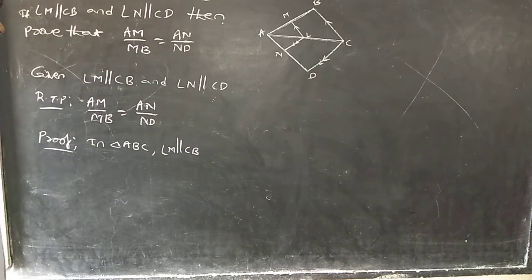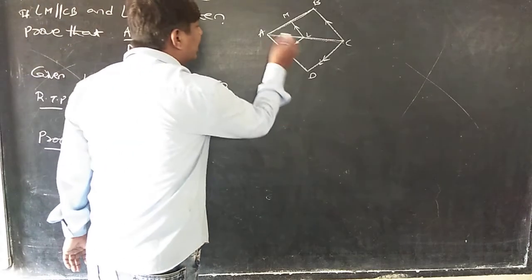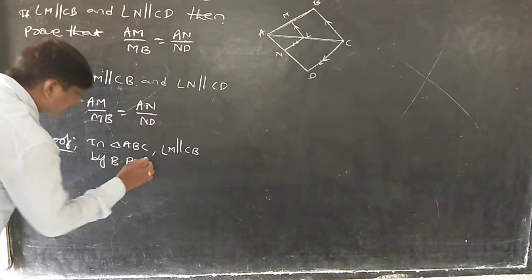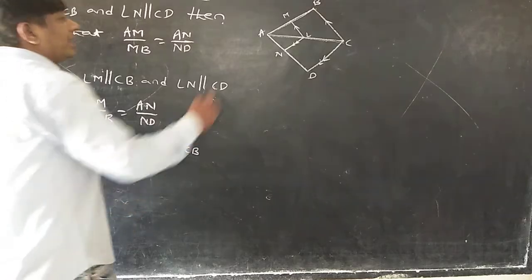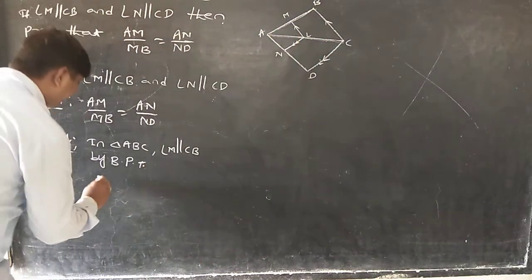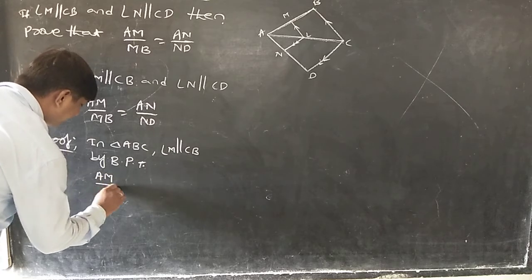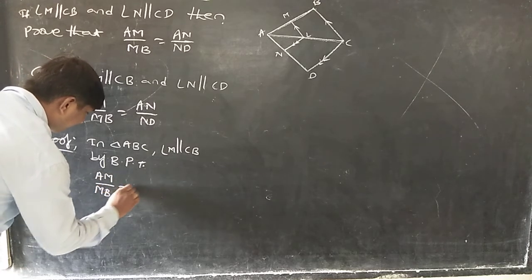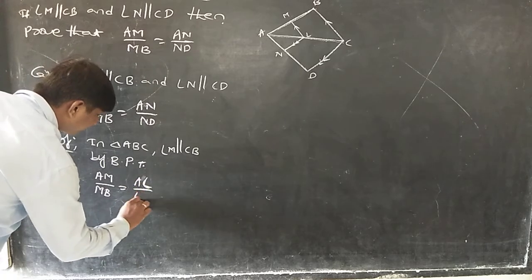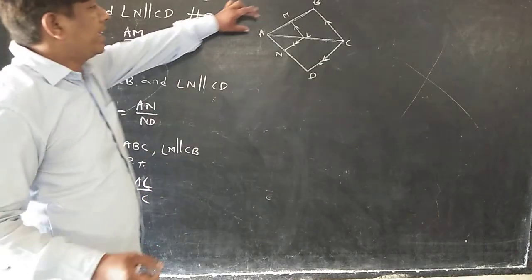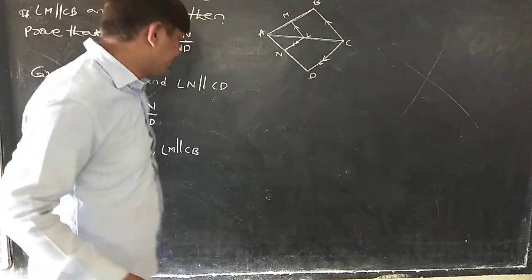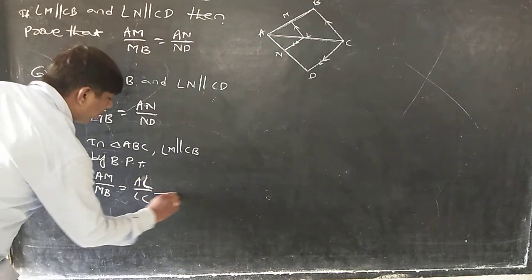By basic proportionality theorem, AM by MB is equal to AL by LC. This is equation number 1.